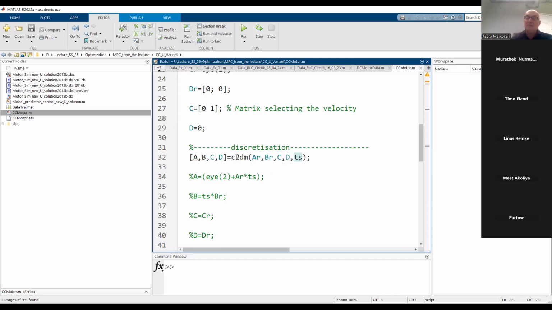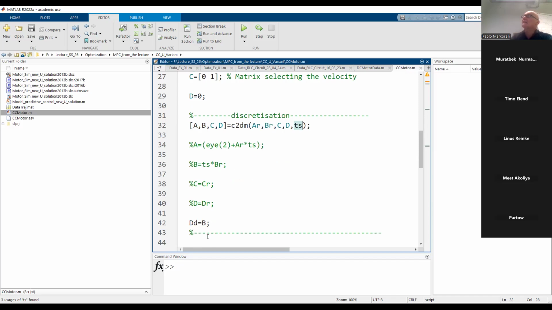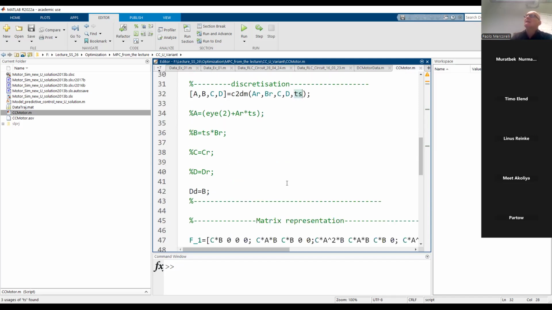Look at this, help C2DM. This means continuous to discrete mode. If you don't like this, you can activate this discretization here, and in this sense, you can proceed with the forward Euler. You can also put in an option to consider directly the forward Euler in this discretization. About the discretization, eventually we can look together at some issues in the project.